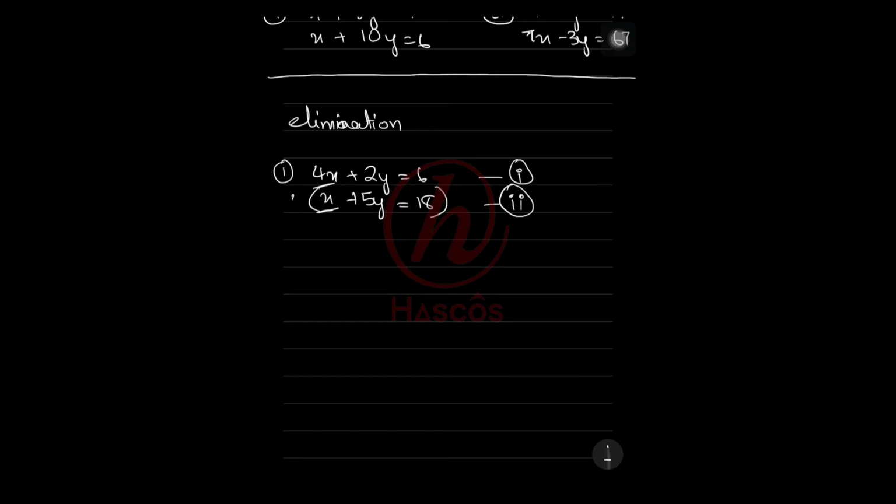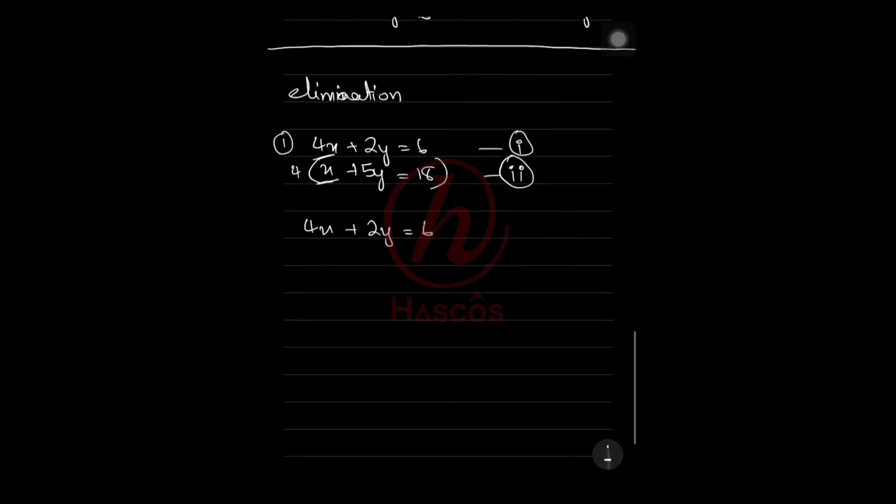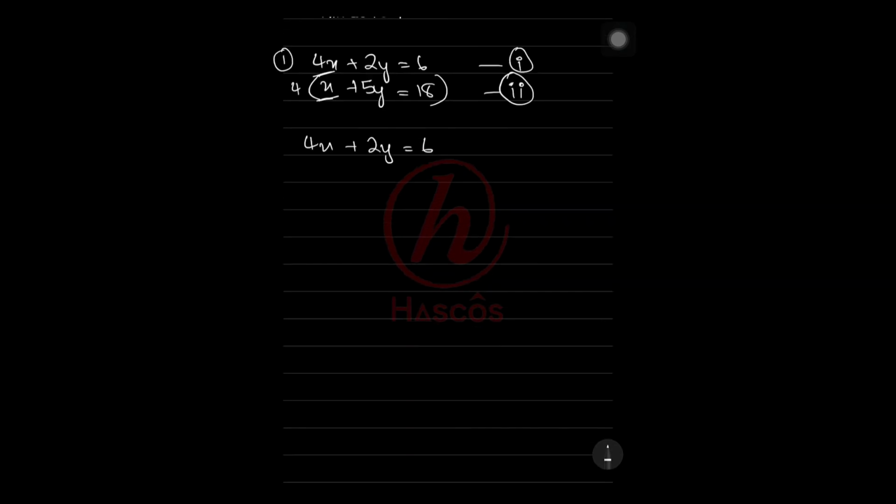When we do that, equation number 1 is going to remain as it is, which is 4x plus 2y equals 6, whereas equation number 2 is going to become 4x plus 10y equals 72. Now both equations have a 4x, but the sign needs to be opposite, so we're going to multiply equation number 2 with the negative sign.